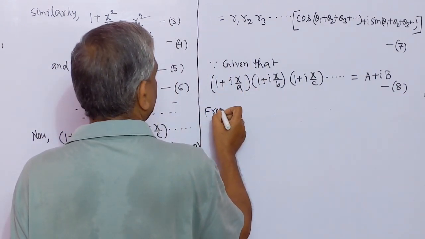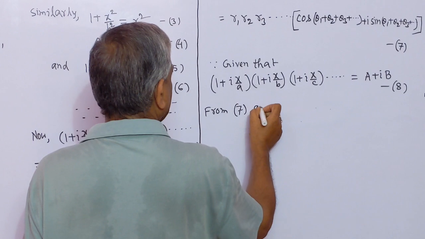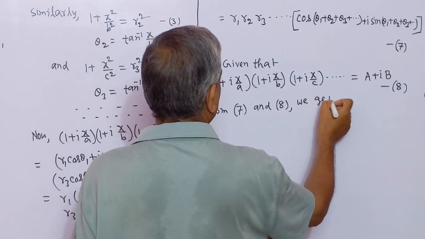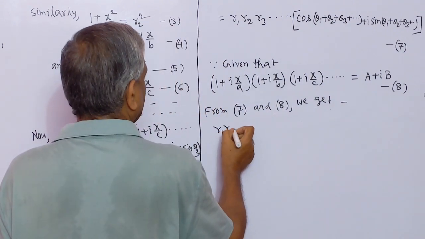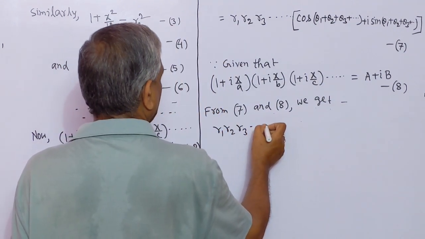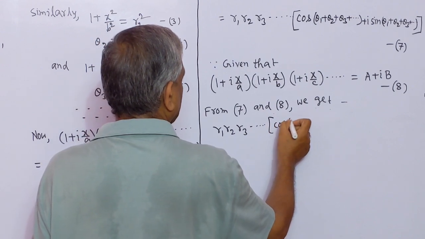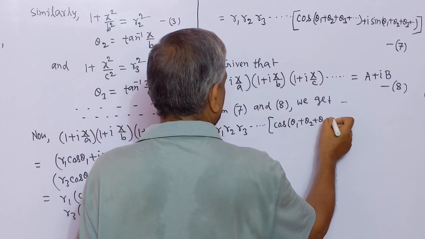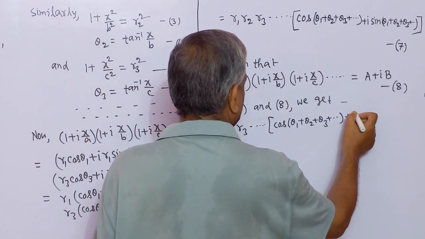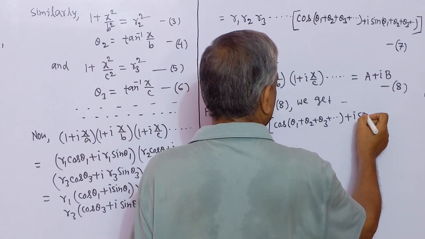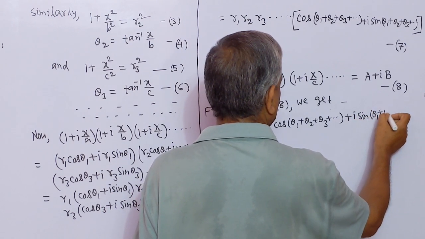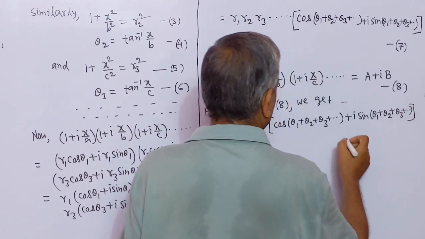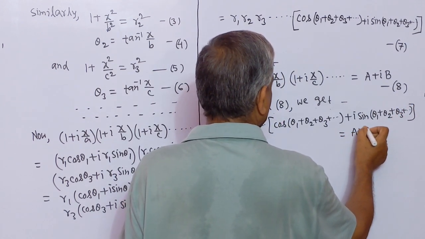From 7 and 8 we get r1 r2 r3 ... cos(theta 1 + theta 2 + theta 3 + ...) + i sin(theta 1 + theta 2 + theta 3 + ...) equals A + iB.